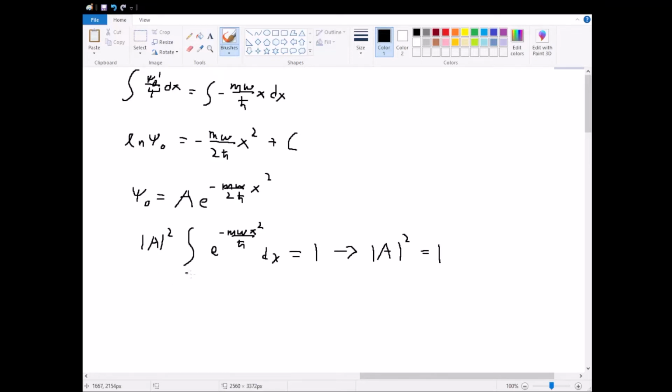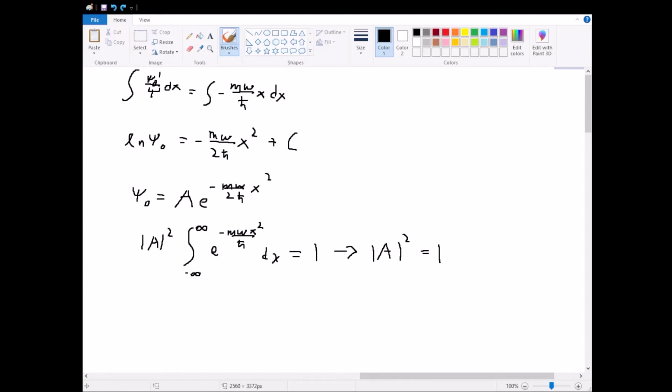Let's write this out for clarity, that this integral goes from negative infinity to infinity. So this is a Gaussian integral. To actually do this, you can plug it into a calculator, or you can do it via the method of Gaussian integrals. I'm a little bit too lazy to go through the process because it's a rather lengthy derivation, so I'm just going to write out the answer.